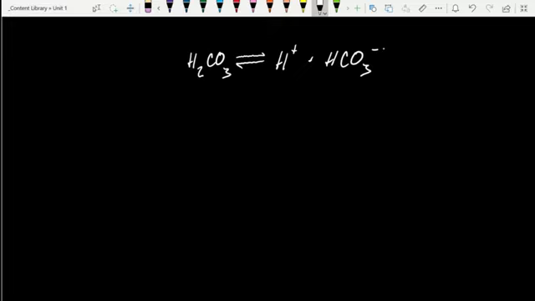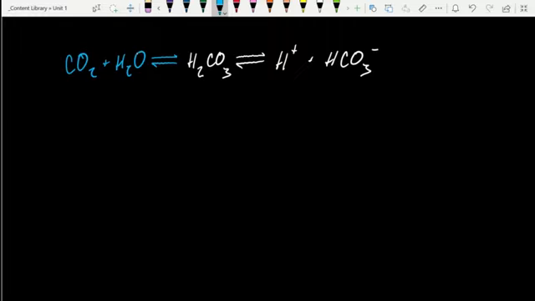Now, something interesting about this system is it's also in dynamic equilibrium with carbon dioxide and water. In other words, carbon dioxide plus water will turn into carbonic acid. All of these things are in equilibrium with each other.